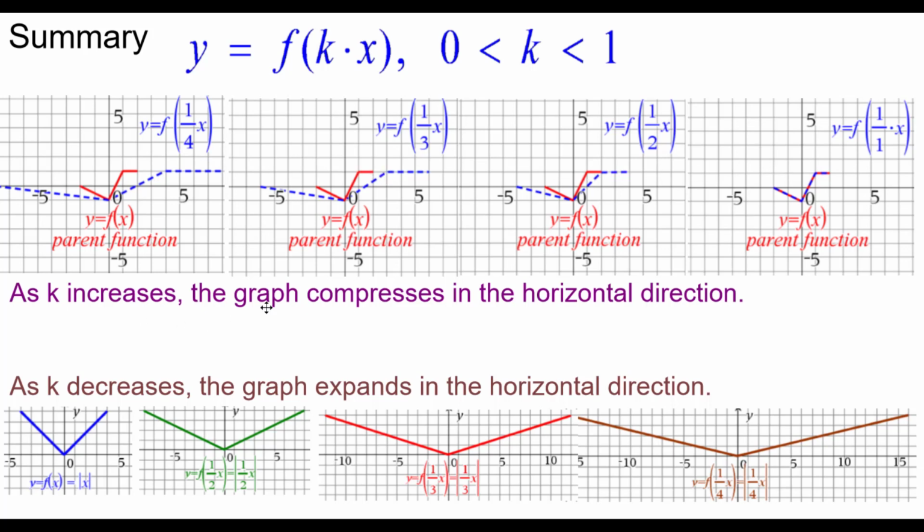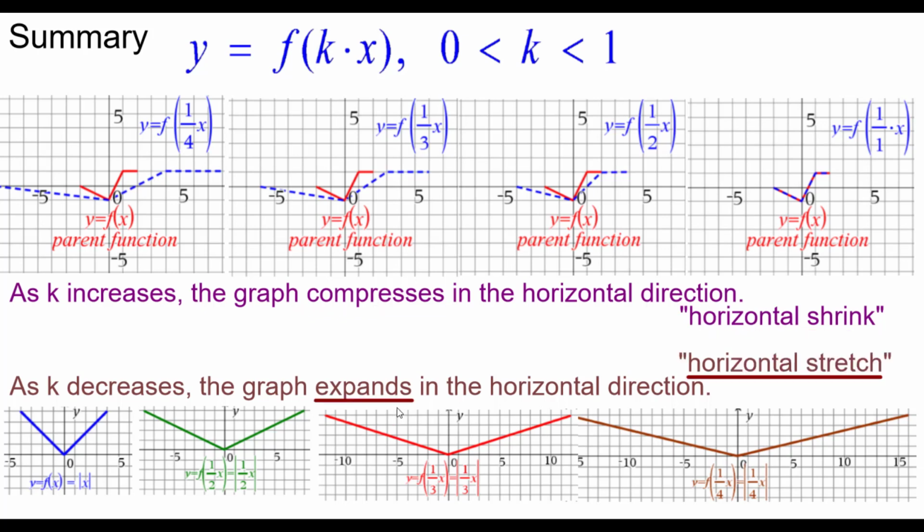As k increases, the graph compresses in the horizontal direction. As k decreases, goes from 1 to 1/2 to 1/3 to 1/4, the graph is expanding in that horizontal direction. And again, the compression is sometimes called a horizontal shrink, and the expansion is sometimes called a horizontal stretch. Again, press pause so this can sink in. Resume when you're ready.